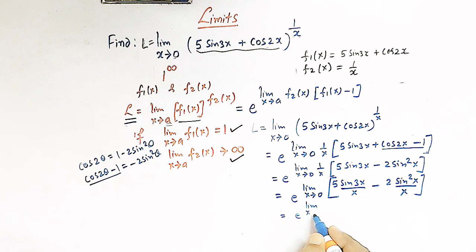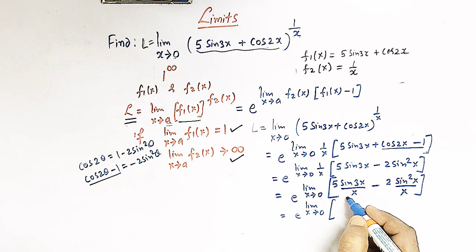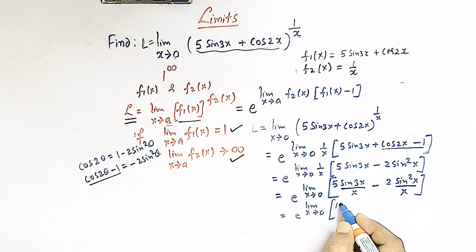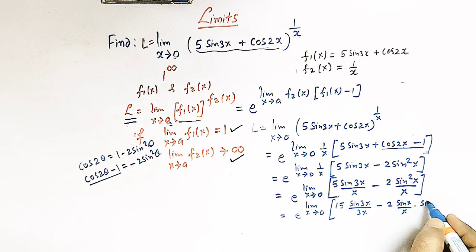Here we have sin 3x over x, so multiplying the numerator and denominator by 3, we can write 3 times 5, 15, and here we have sin 3x over 3x. And here we have 2 sin x over x, and then we have sin x, because writing sin square x as sin x times sin x, we can write sin x over x, and here we have sin x.